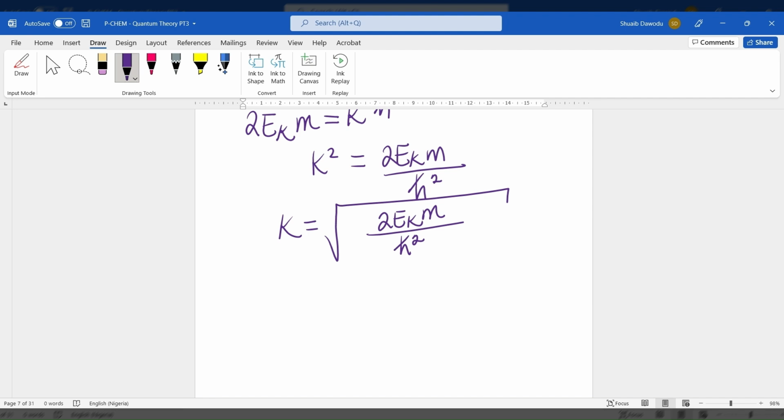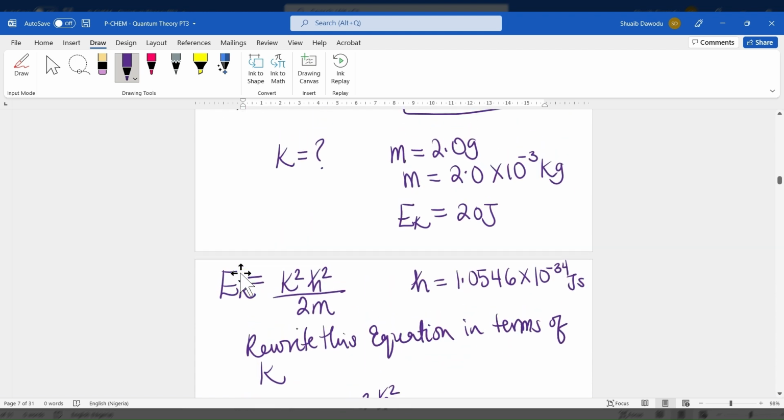So of course, we can now simply substitute. So we have k is equal to the square root of 2 times E sub k. E sub k, we know that to be 20 joules.